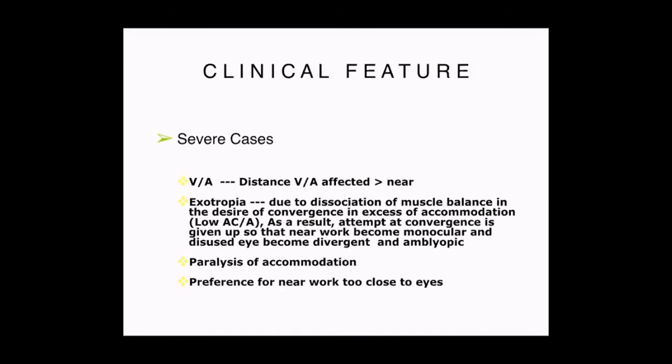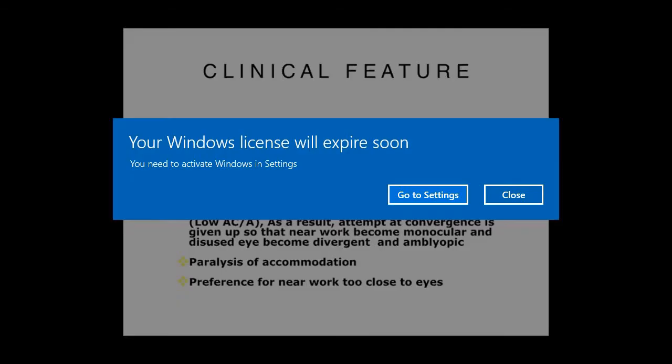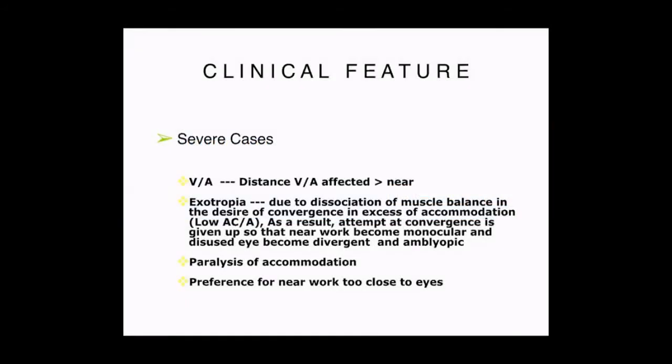Severe, of course, if your myopia is more than 6 diopters. So it's going to result in severely decreased vision, exotropia, paralysis of accommodation, and the patient is going to keep his work too close to his eyes to see better.